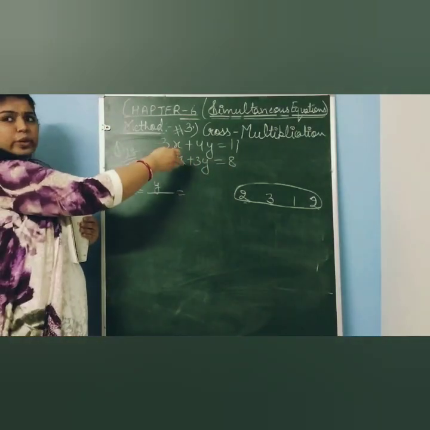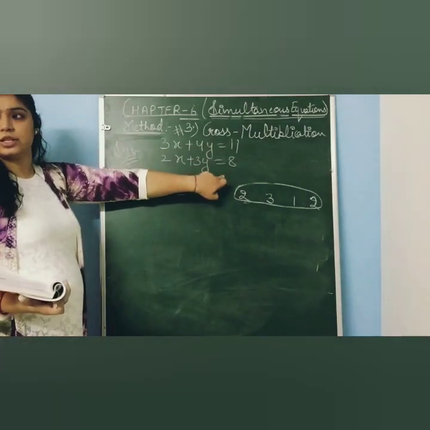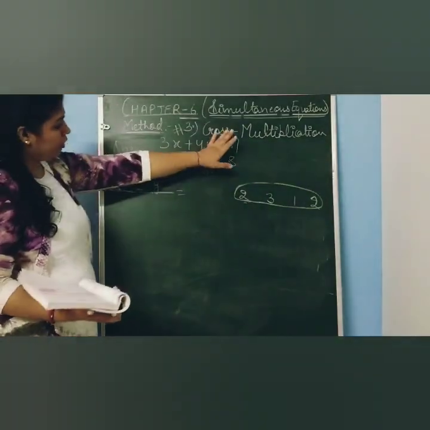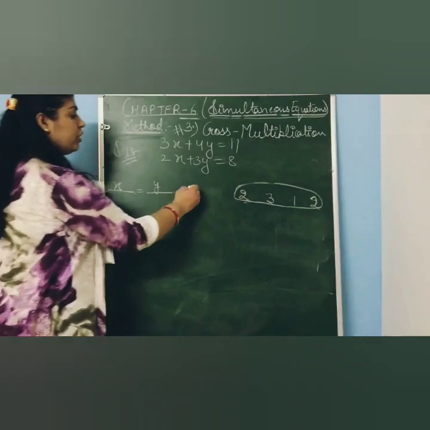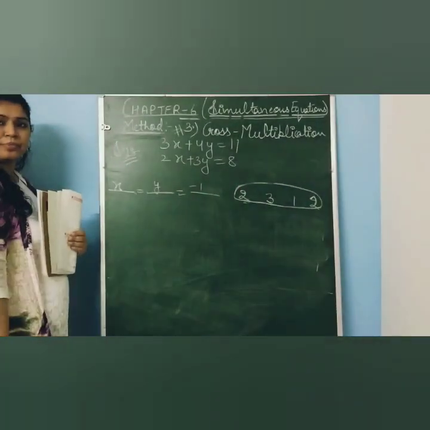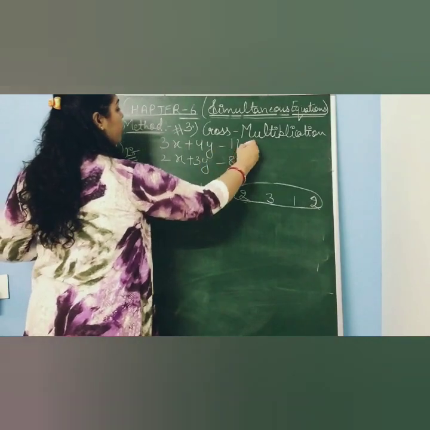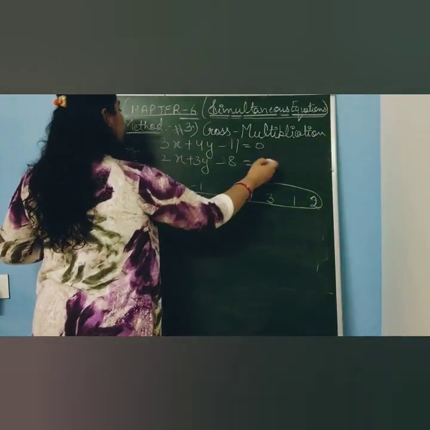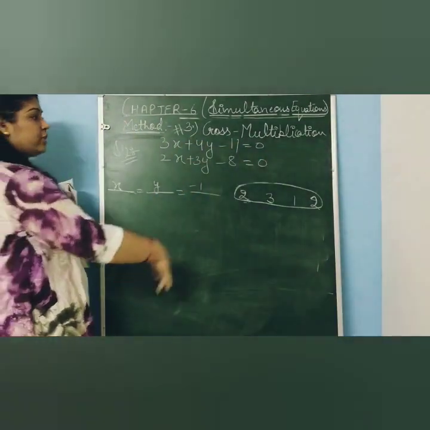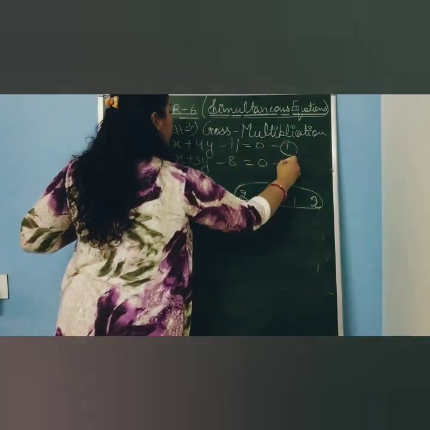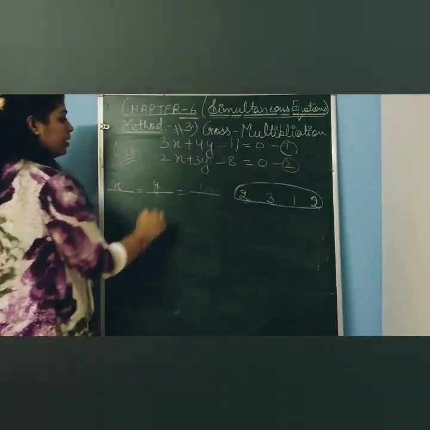See, if you don't want to change the sign of these constants, then it's up to you. Remain as it is. Then you can write minus 1 over something. But if you want to change the sign, then the given equations will become minus 11 and minus 8 on left hand side. This is first equation, this is the second equation.